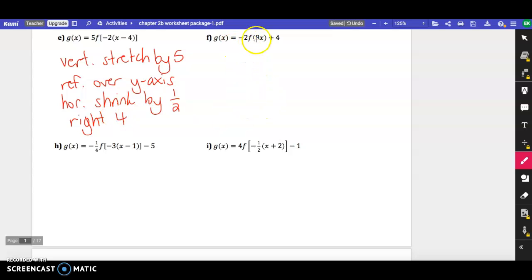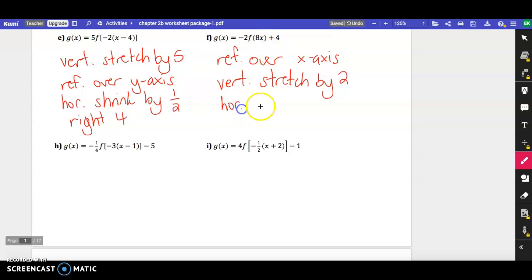All right, let's do this last one. The negative out front means a reflection over your x-axis. The 2 out front means a vertical stretch by 2. The 8 inside means a horizontal shrink by 1/8. And then the plus 4 tacked on to the end means up 4.